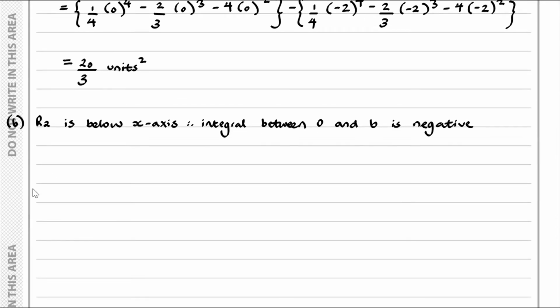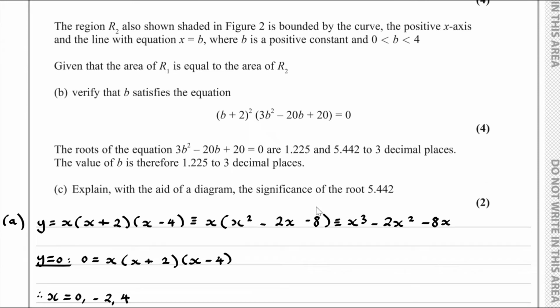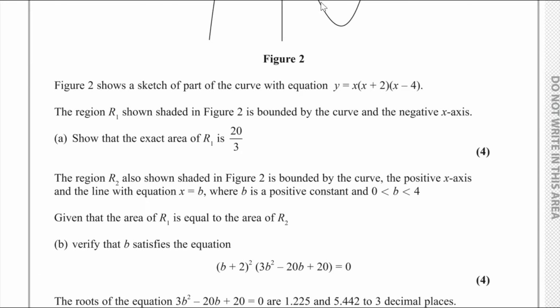So the integral of R2 will equal, well, we're integrating between 0 and b, and we're integrating x³ - 2x² - 8x with respect to x. And we know that this integral will be negative. It will be -20/3. Remember, the areas of R1 and R2 are the same.